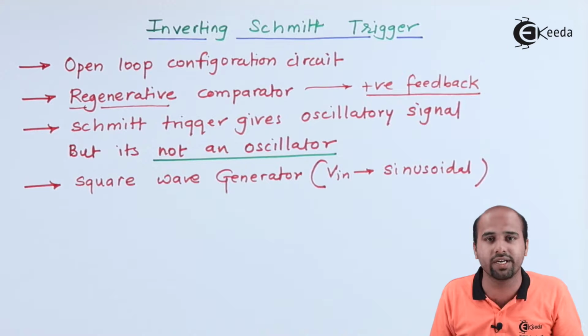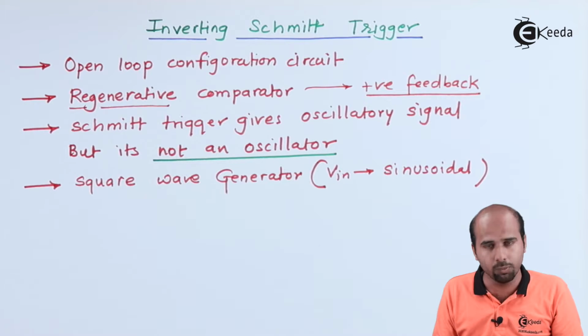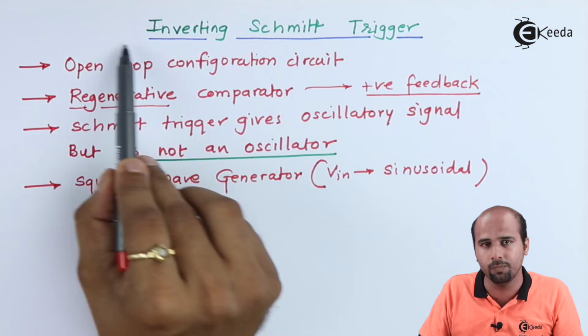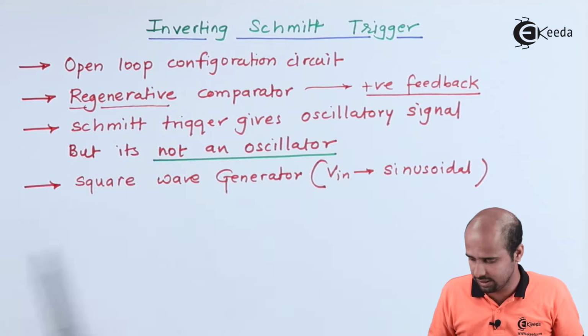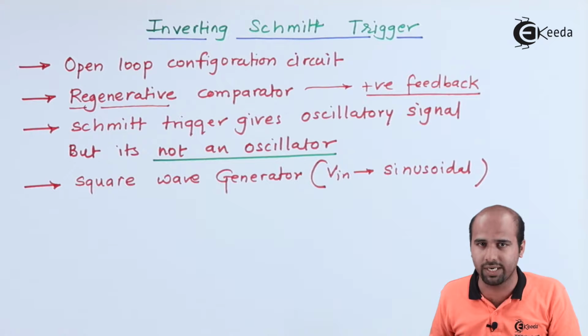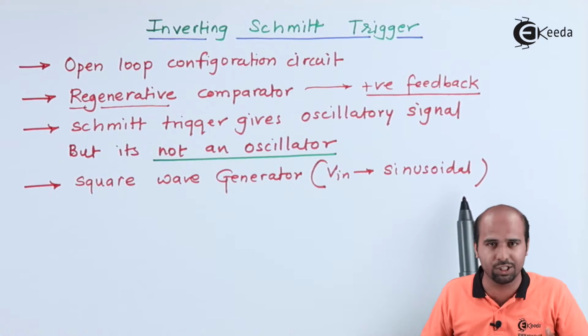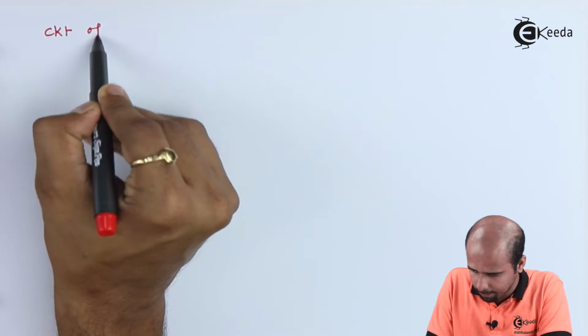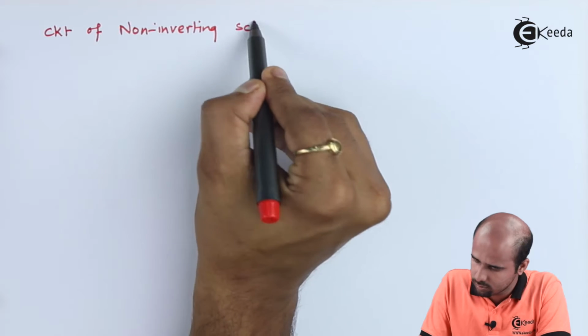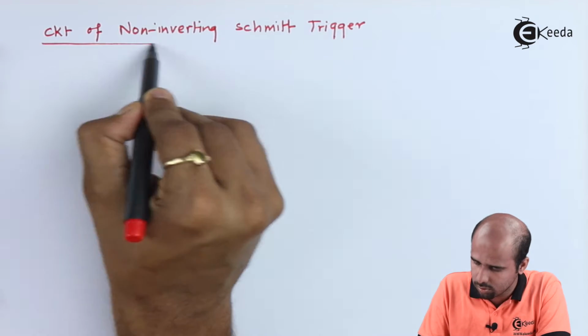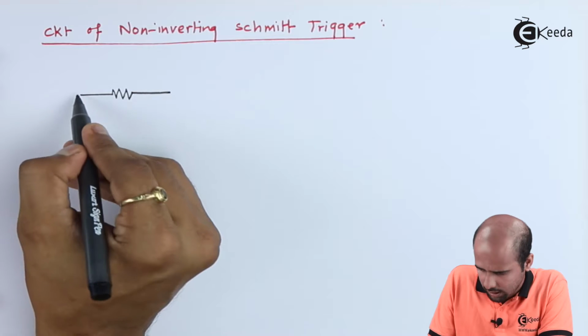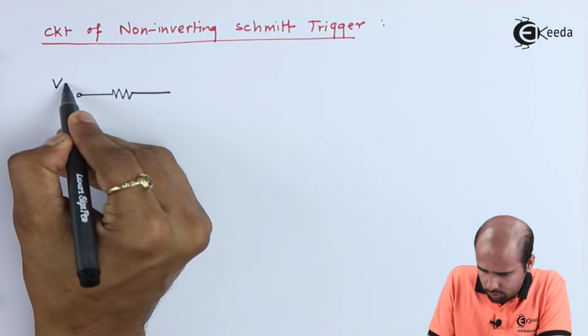Now we will draw the circuit in such a way that we are applying input to inverting terminal, right? And we are getting the square wave at the output side, and we are applying the input signal sinusoidal in nature at the inverting terminal. Moreover, I am applying the feedback at the non-inverting terminal. So let's see how this circuit will work. I am applying the input here.